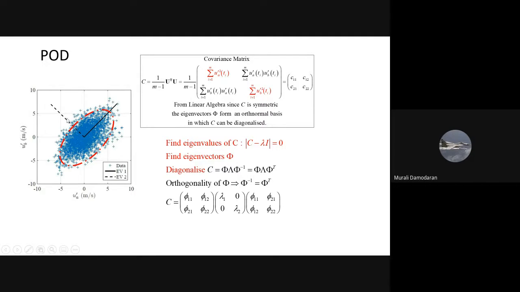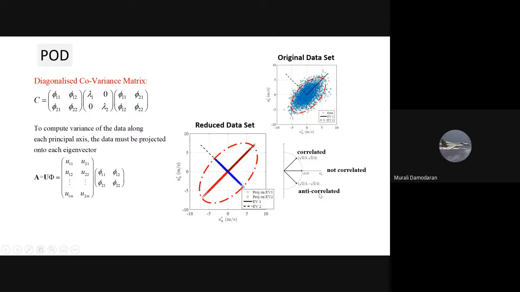Because these two are orthogonal to each other, they have a condition to be satisfied. So you put all these matrices into this diagonalization, and you diagonalize the covariance matrix into this form. These are the eigenvalues, and then I have everything there now.